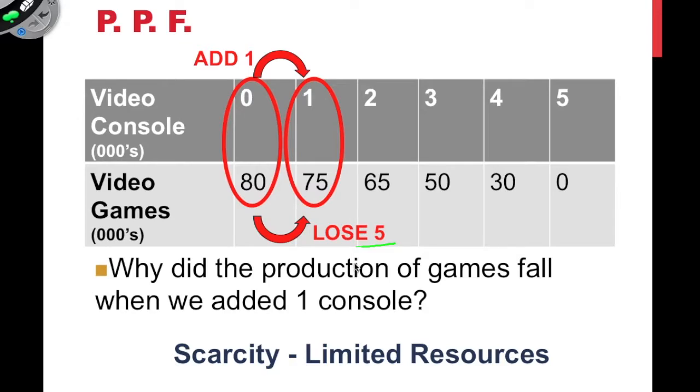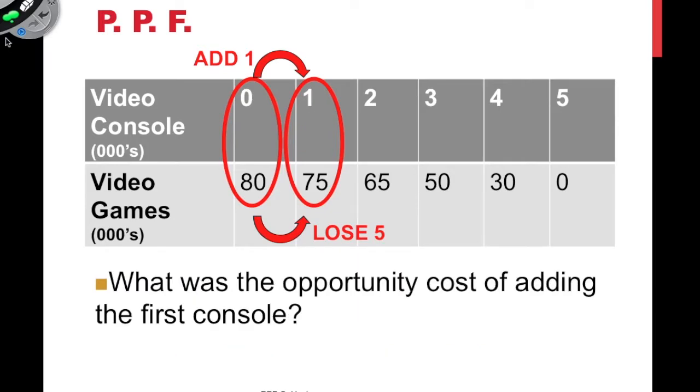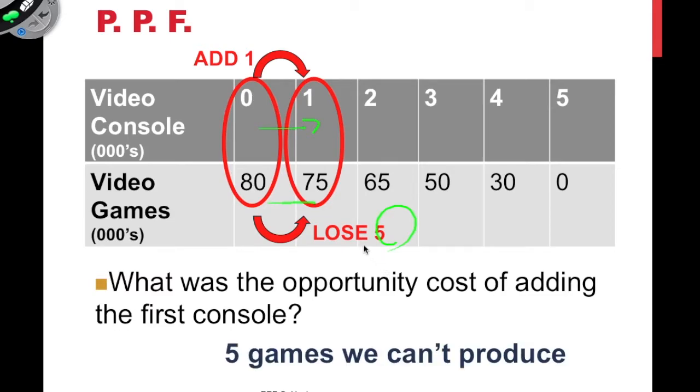We only have so many resources, so in order to produce more of one product, we have to give up some of the other product. So to answer the question, what is the opportunity cost of adding the first console, going to this new combination? Well, it's the 5 video games that you cannot produce. That's your opportunity cost.